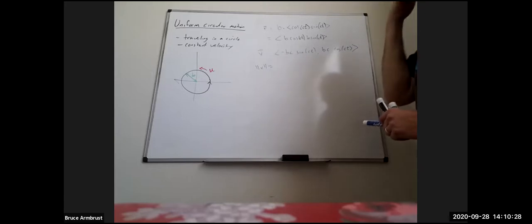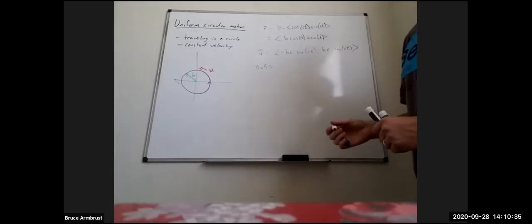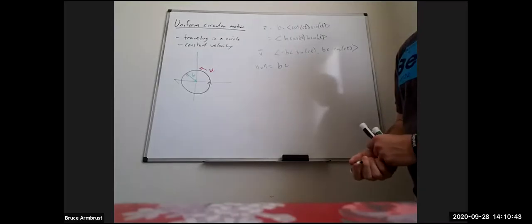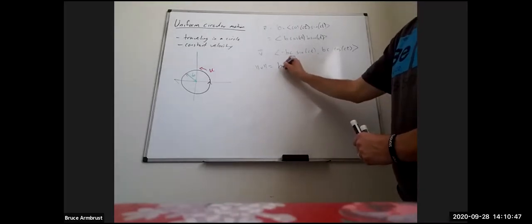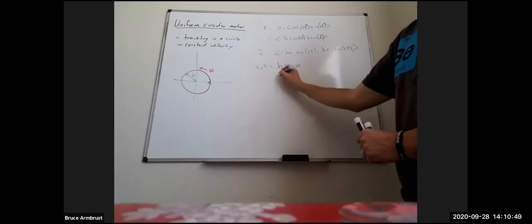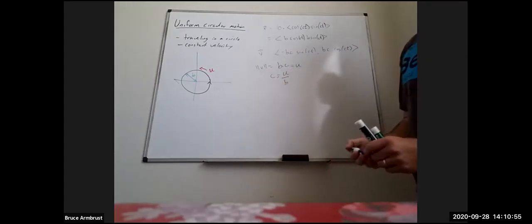And what's its magnitude now? That's equal to bc. Now I want that to equal my velocity of u, which tells me that c has to be u over b.